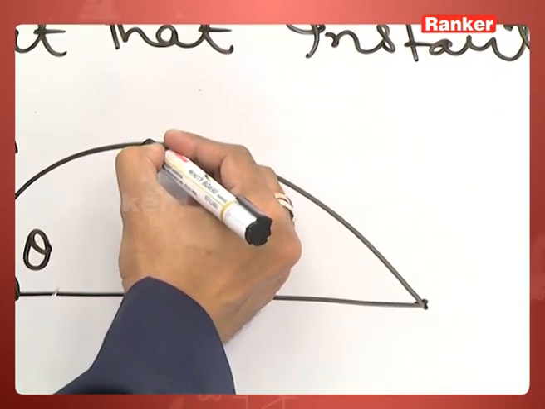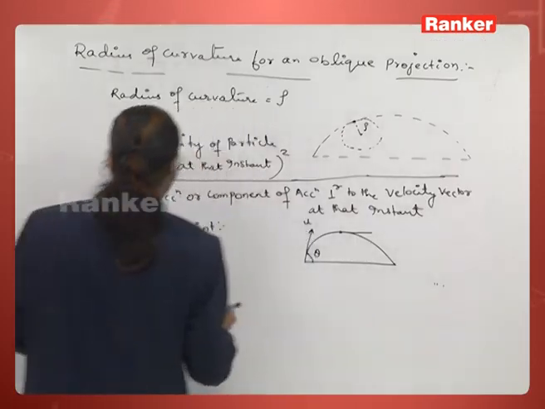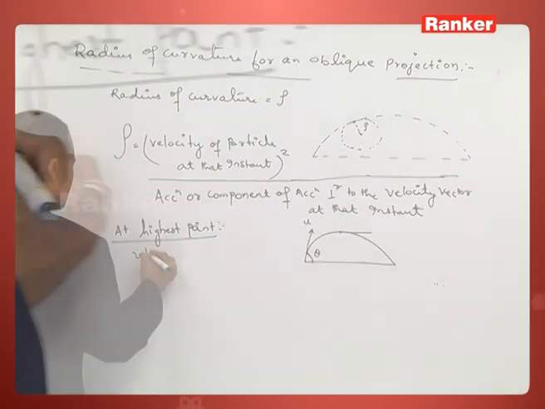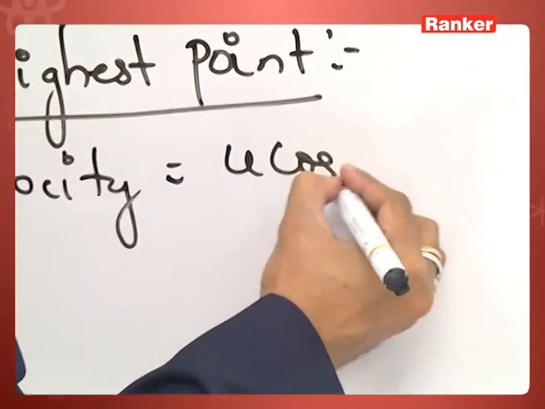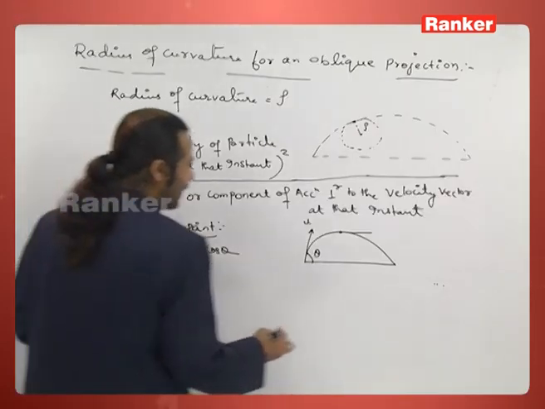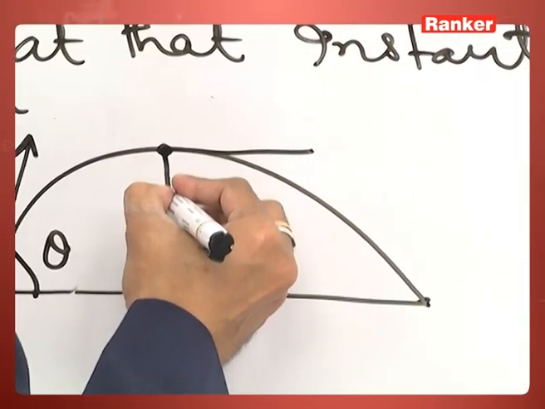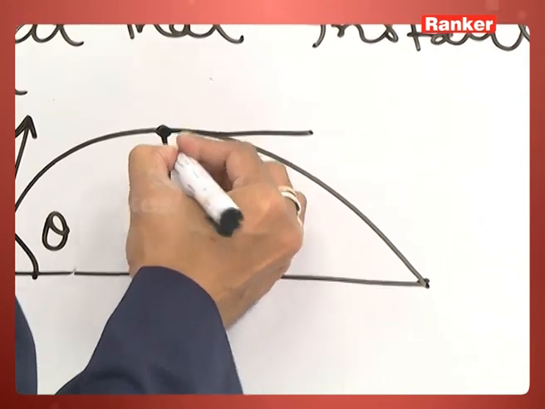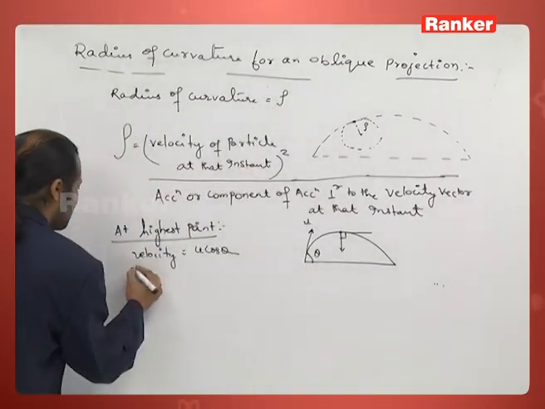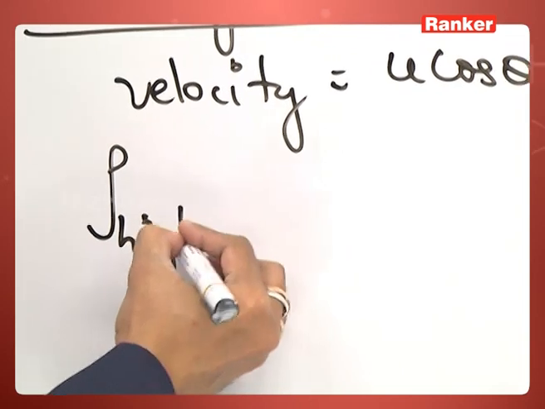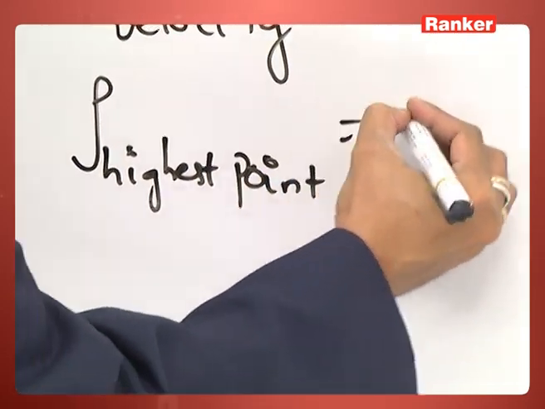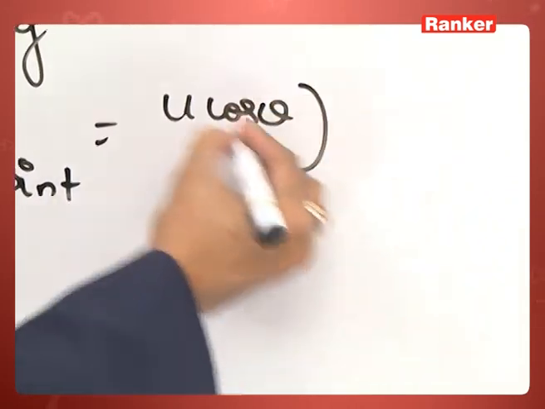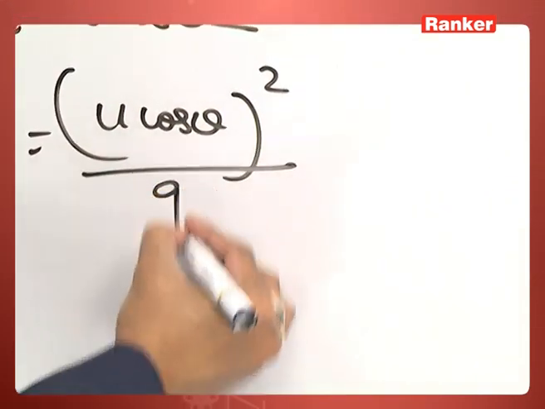At highest point, velocity is the horizontal component only, and the acceleration vector is exactly perpendicular. So here radius of curvature at highest point will be (u cos theta) square by g.